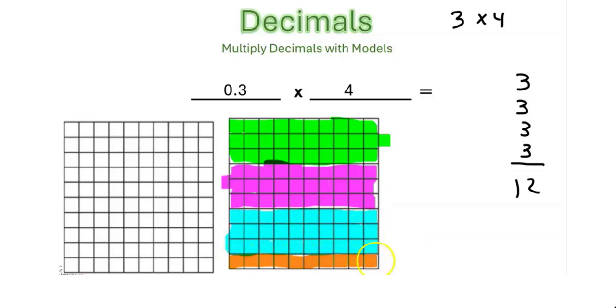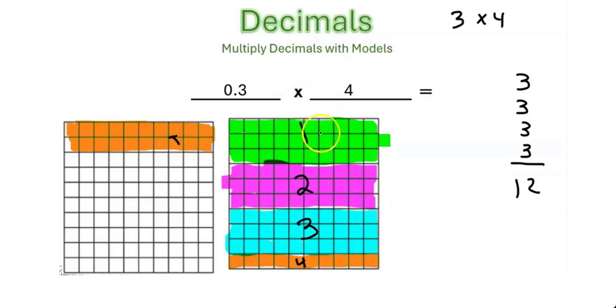So again, I'm taking 3 tenths and multiplying it by 4, which means I have to add 3 tenths 4 times. Here's one set of 3 tenths. Here's a second set, a third set, and this is the fourth, and the rest of it is up here.